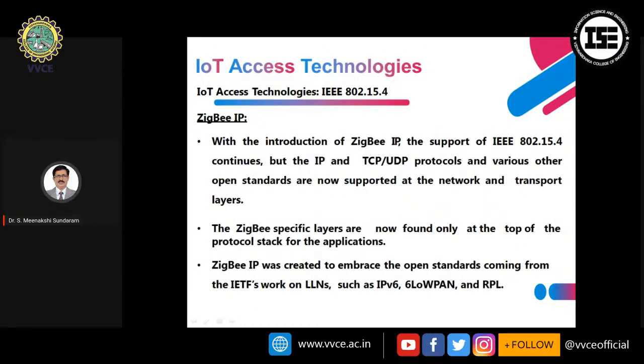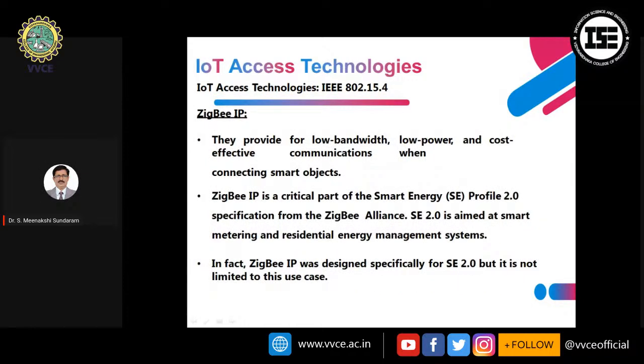ZigBee IP: with the introduction of ZigBee IP, the support of IEEE 802.15.4 continues, but the IP and TCP/UDP protocols and various other open standards are now supported at the network and transport layers for ZigBee. So it was created to embrace the open standards coming from IETF's work on LLNs such as IPv6, 6LoWPAN and RPL.